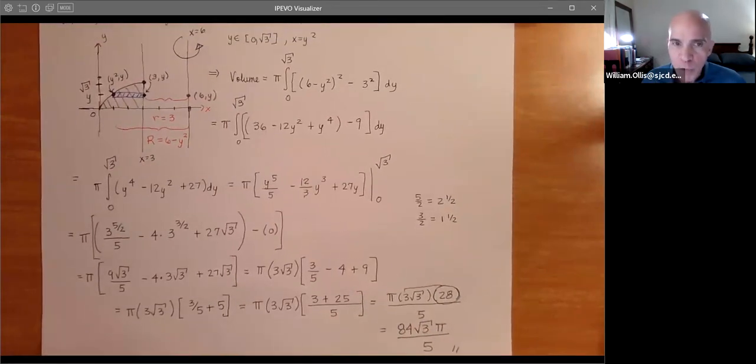So again, we see we get a really odd looking answer with these types of calculations. And again, because we're doing the disk and washer methods, excuse me, we necessarily get the pi. So these are transcendental numbers.